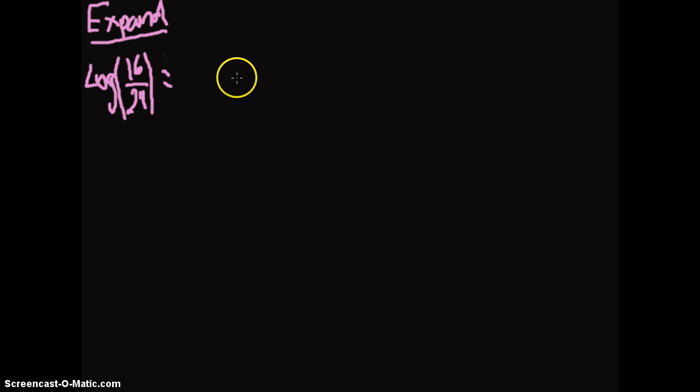Using the same base, which is base 10, our answer would look something like this: log of 16 minus log of 24. Now, this seems simple right now, but it gets a little complicated because they like to throw in the other properties and use all the properties at once, but we're going to focus on the minimal stuff right now.